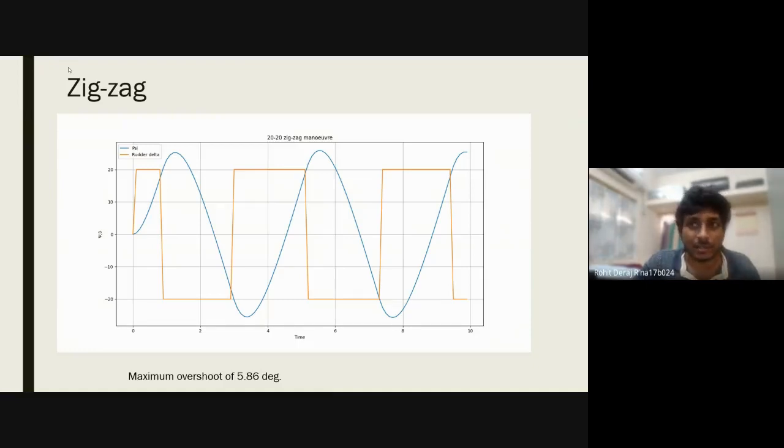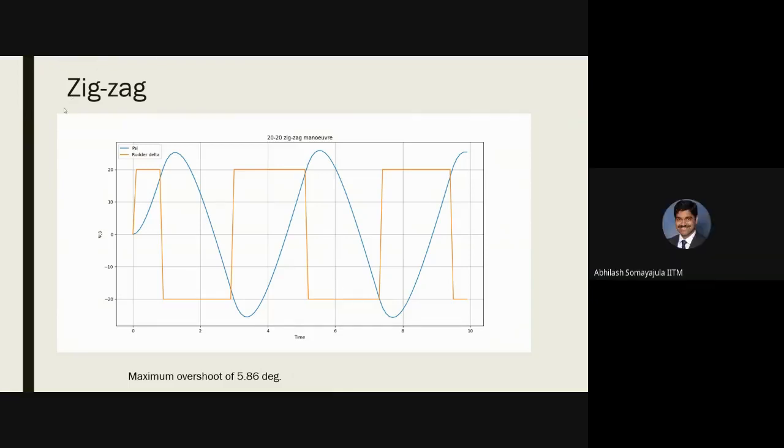When it exceeds psi naught, you change the rudder angle from delta naught to minus delta naught, and then you wait for the ship heading to change from psi naught to minus psi naught. When it exceeds minus psi naught, you change the delta to delta naught again. So this is the zigzag test.